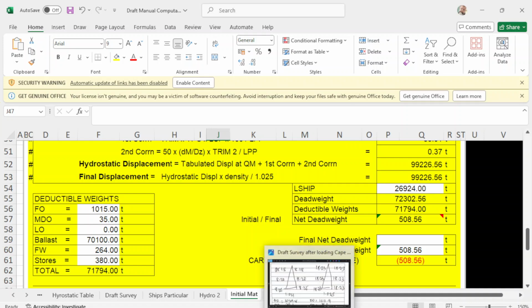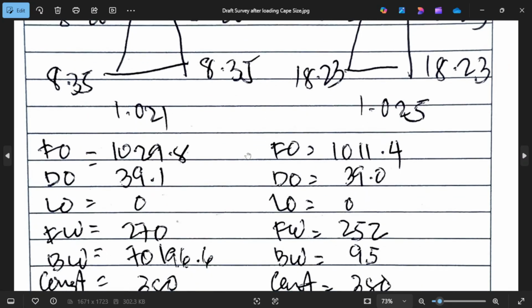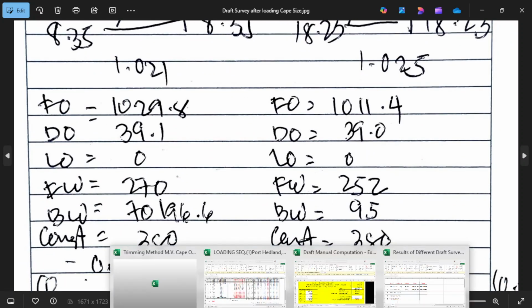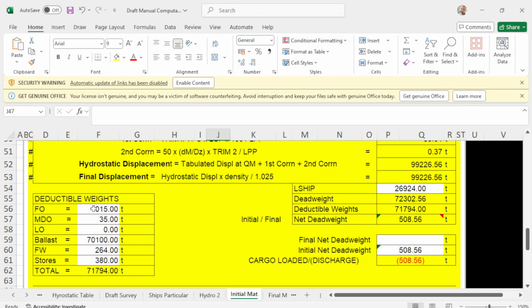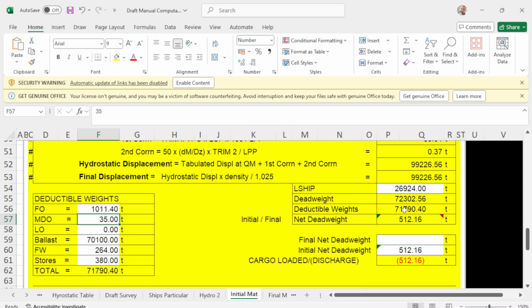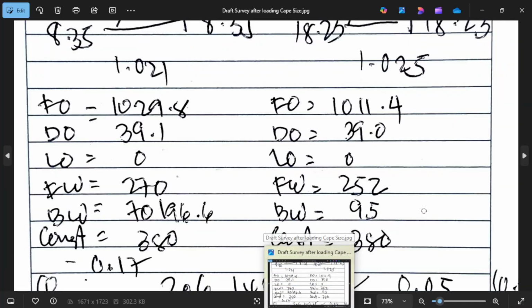Then you update your ROB, which is this one. So you go to your ROB, go up. FO is 10.11.4. DO is how much? 39. Put here 39. LO and ballast, how much? 95.